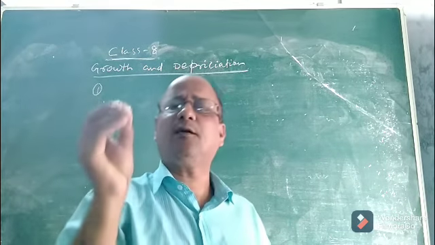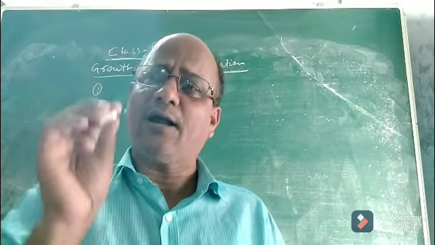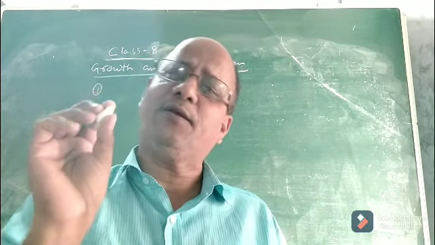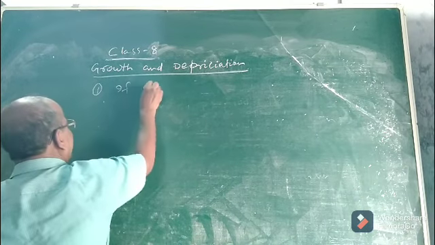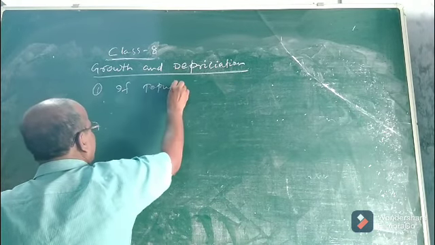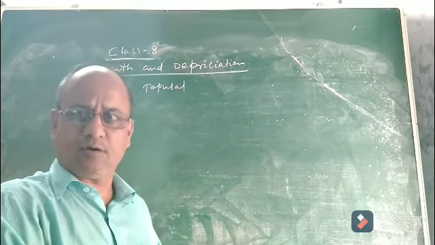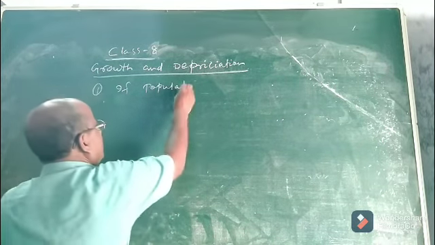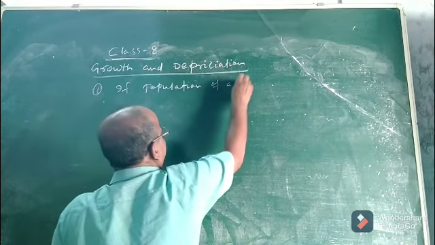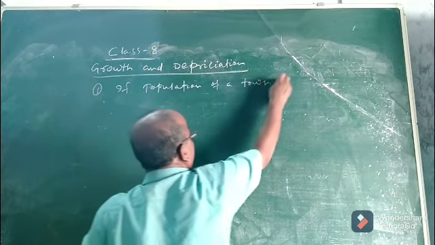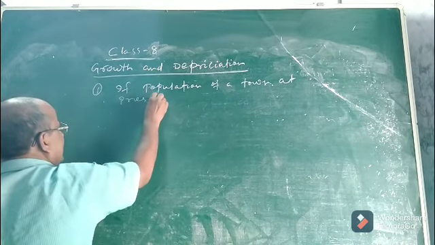Suppose the population of a city at present is P. We are now discussing the formula for growth, then I will discuss depreciation. If the population of a town at present is P.